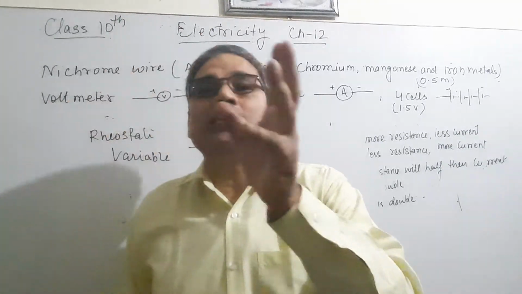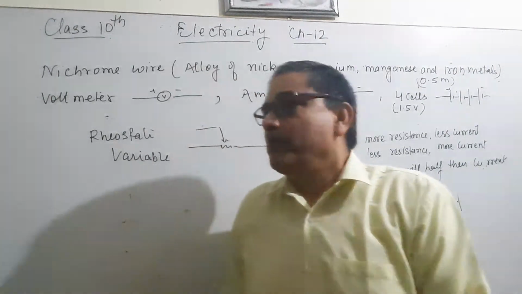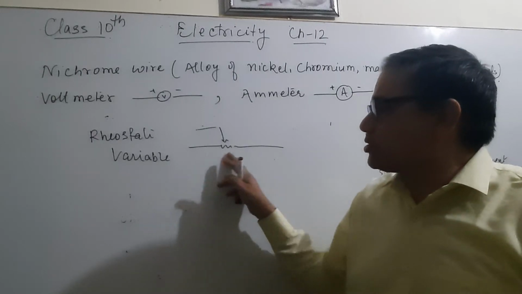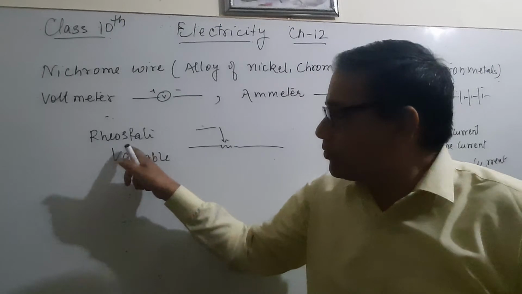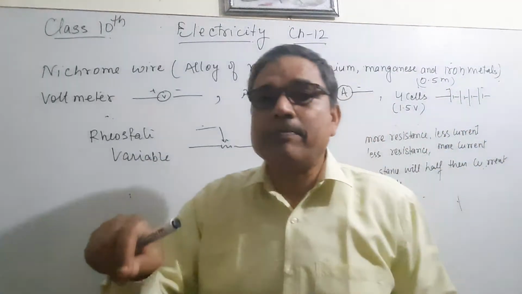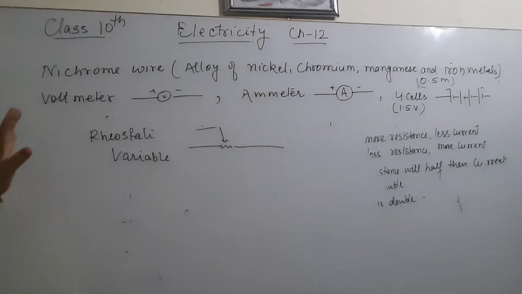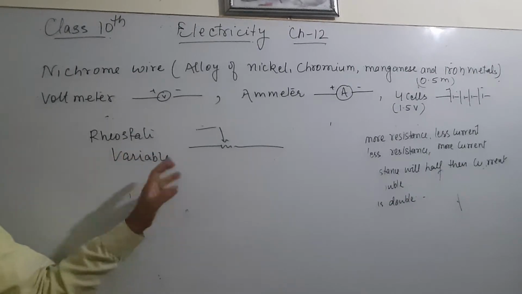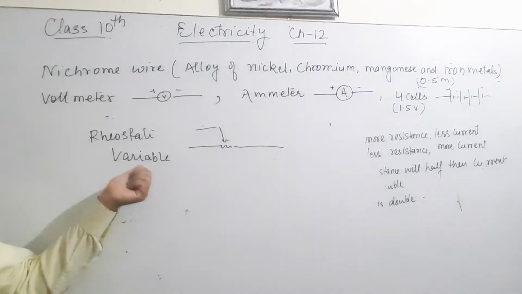Without changing the potential difference, it varies the amount of current, because we can change a small amount of resistance with the help of a rheostat at constant potential difference. If we want to change a small amount of current, then we will use variable resistance.